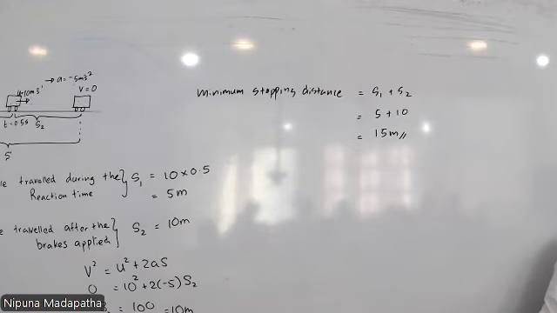Second part of it, what is the distance the vehicle would travel before stopping if its speed was 20 meters per second?